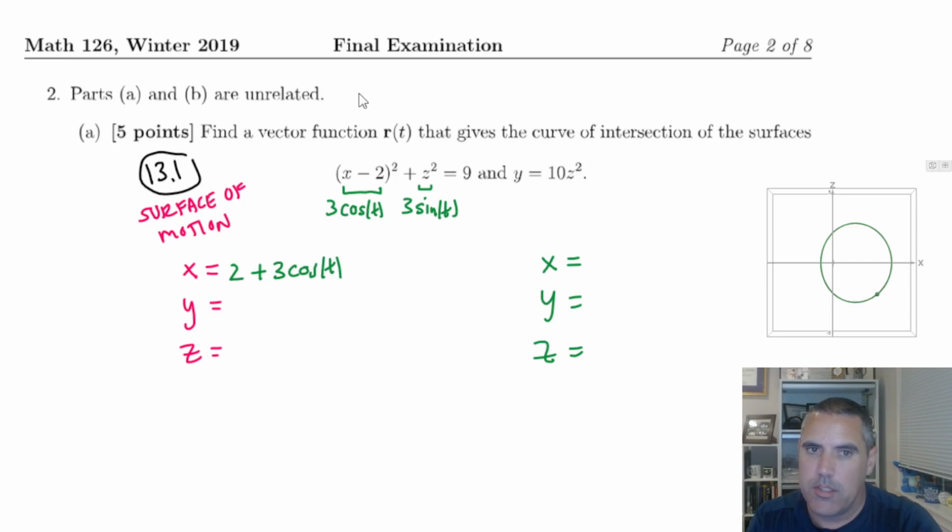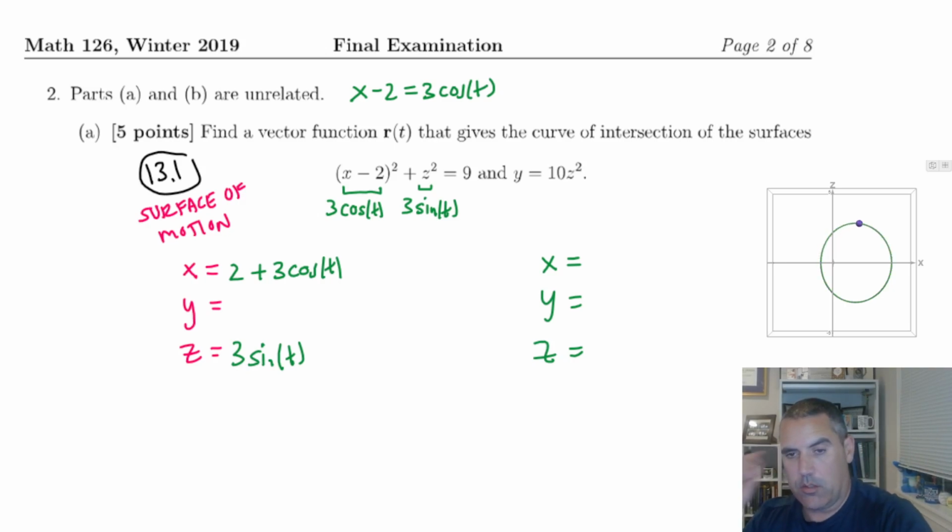If you need that broken down further, whichever is in the parentheses needs to be 3 cosine, and then you would add the 2 to both sides. Then we need z to be 3 sine. And the moment I do that, it's going to be circular motion. So let's parameterize the entire circle now and plot the point.